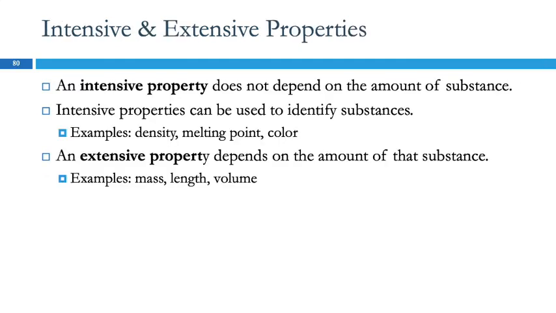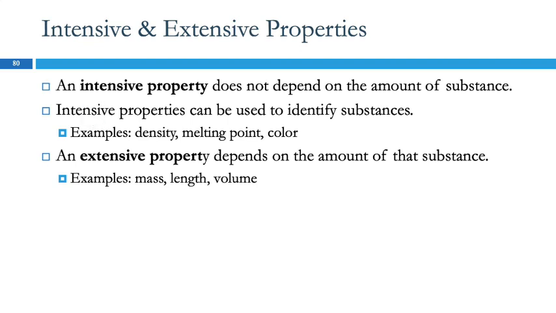So there are two kinds of properties other than the physical and chemical properties. There are intensive properties and extensive. So an intensive property does not depend on the amount of substance. An extensive property does depend on the amount of substance. So you can think of intensive like intrinsic, extensive like external, right?